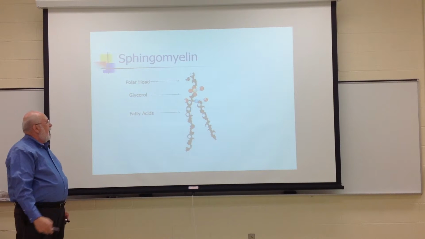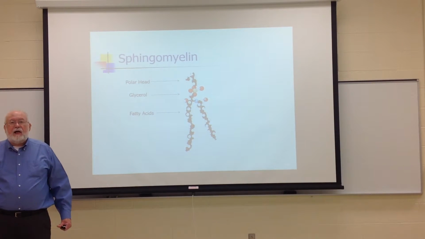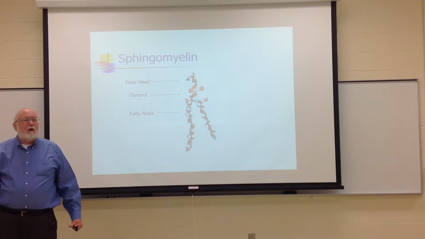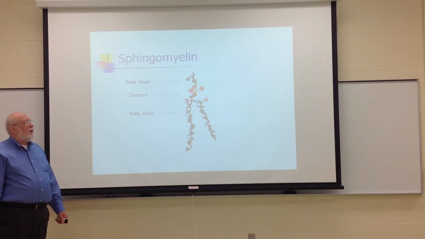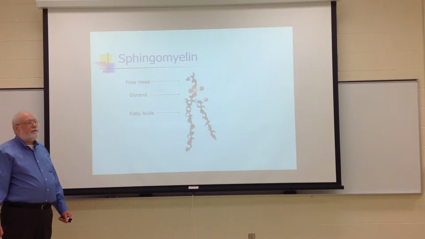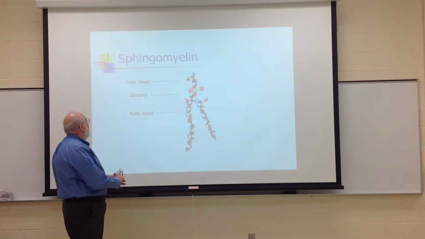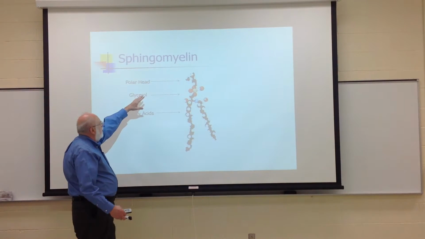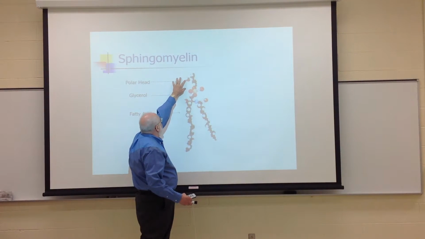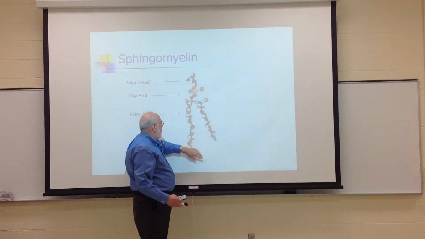So there we go. Phospholipids. Now here are a couple of phospholipids, drawn in a model made up of little balls to represent carbons, hydrogens, oxygens, nitrogens, and phosphorus. And here we go with the glycerol part. There's the head. There are the tails.